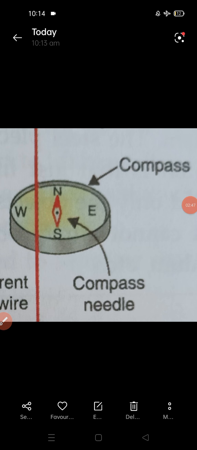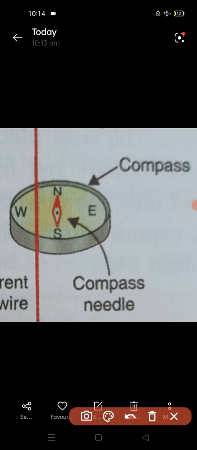As you can see, this is the magnetic compass, and at the pivot a needle is there. This needle is called the compass needle, and it usually points in the north-south direction.